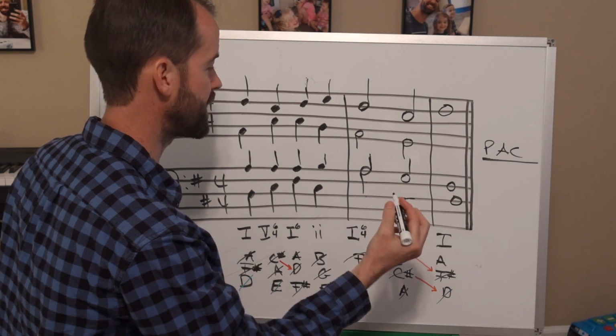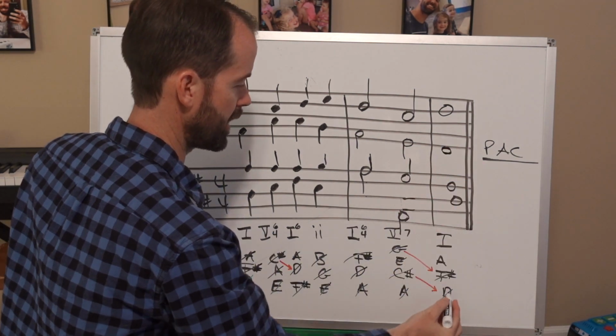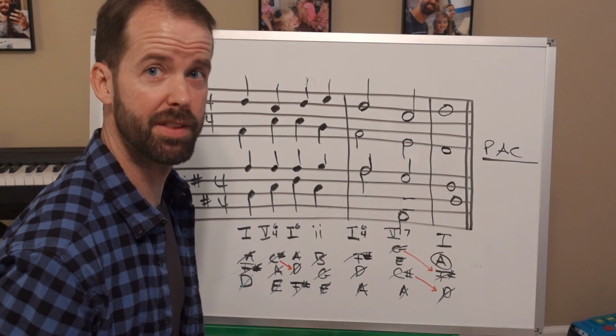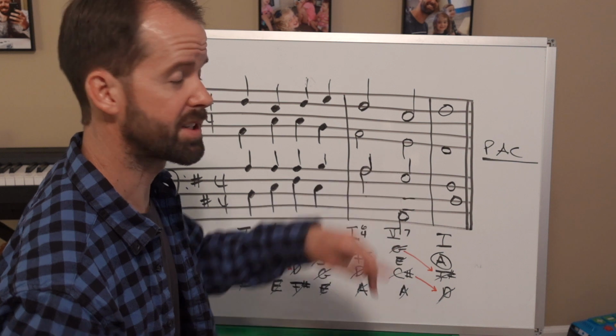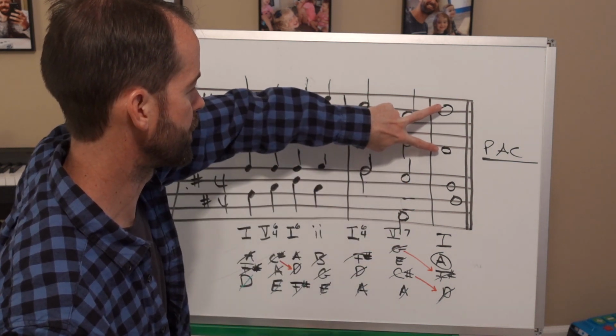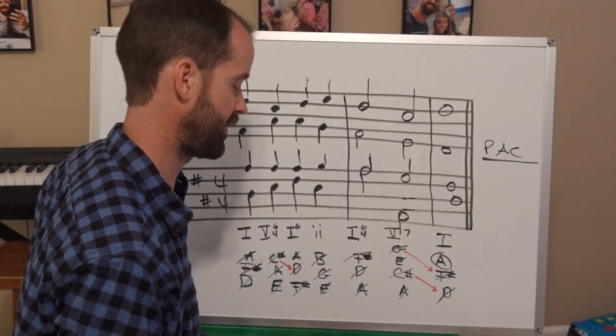So the only thing really that I can do here is to write a D, which is doubling the root, and we are omitting the fifth of this chord. Which is perfectly fine. We have an octave there in the roots, and then we have the root in the bass, and we have the third in the F sharp.